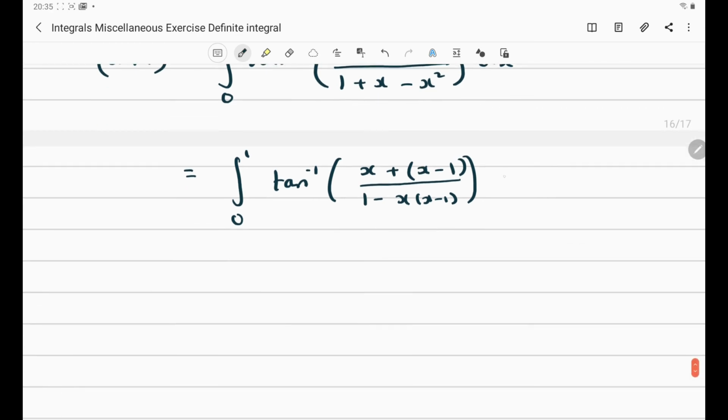And this can be simplified as integral 0 to 1. It is in the form of tan inverse of x plus y by 1 minus xy, where y is x minus 1. So, we can write it as tan inverse x plus tan inverse of x minus 1.